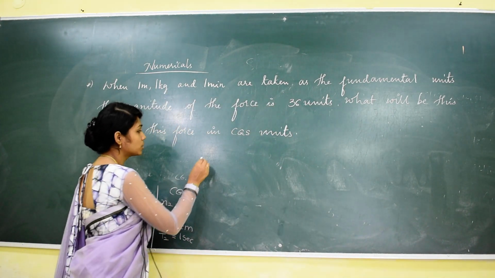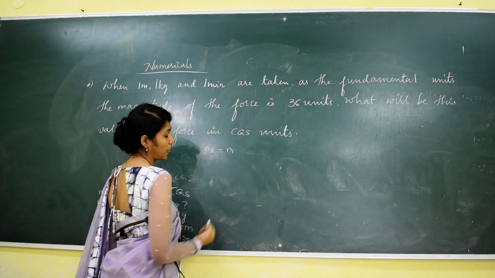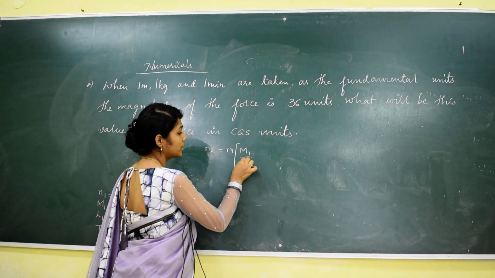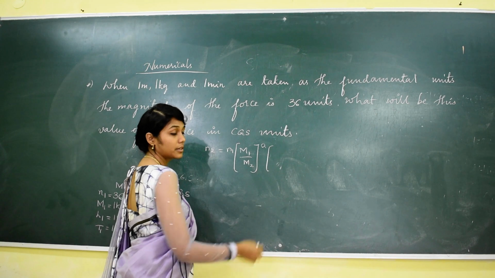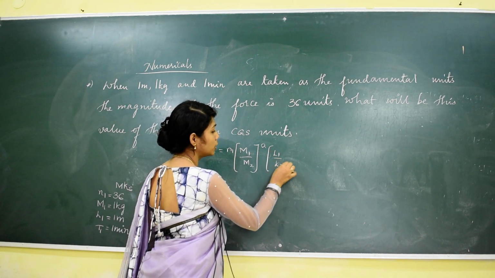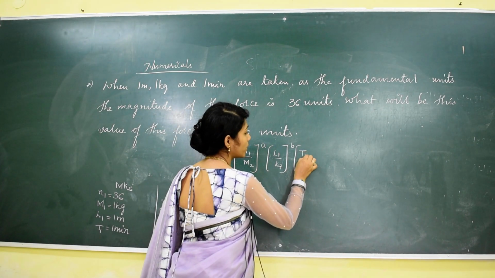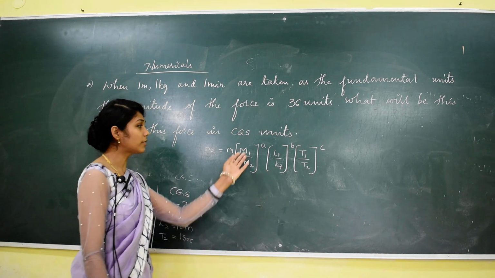I am going to apply it here. n2 is equal to n1 into M1 by M2 raised to a, L1 by L2 raised to b, and T1 by T2 raised to c here. So what are the values of a, b, c?